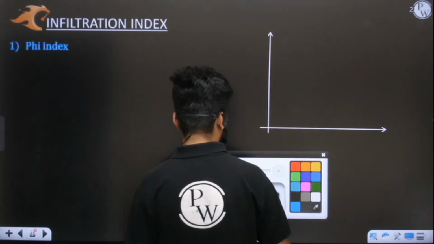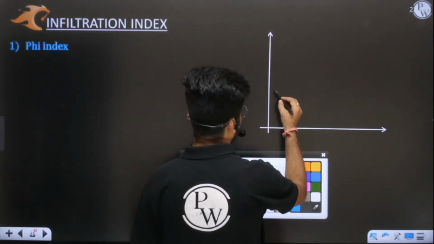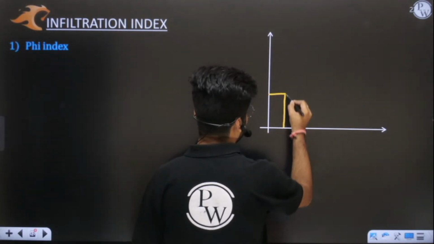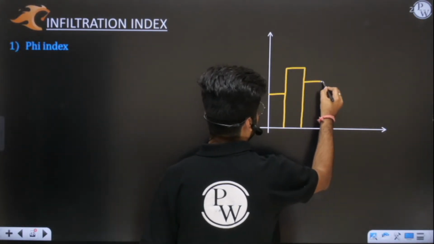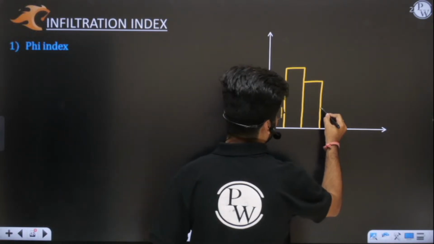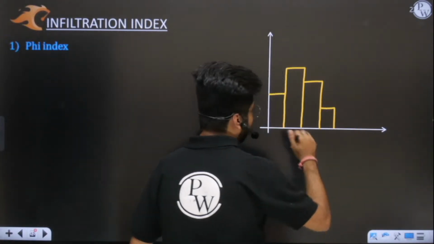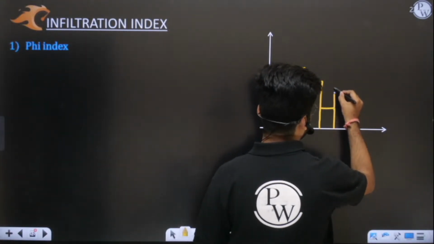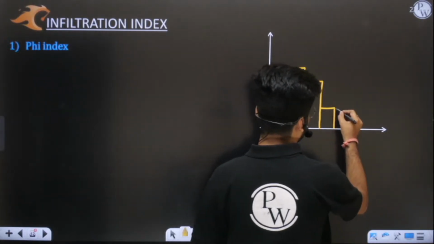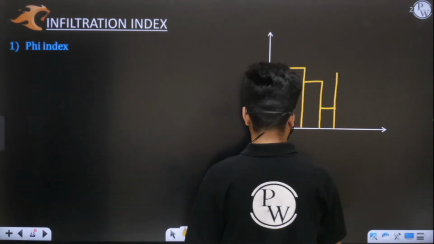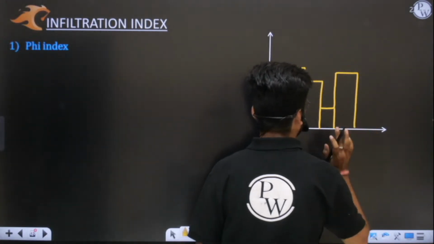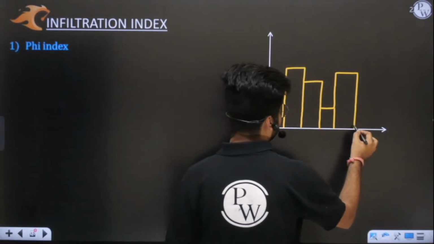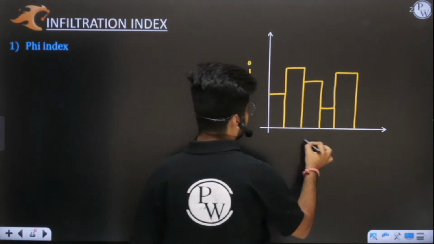Let me draw it by hand itself. Let us say this is your intensity versus time graph.